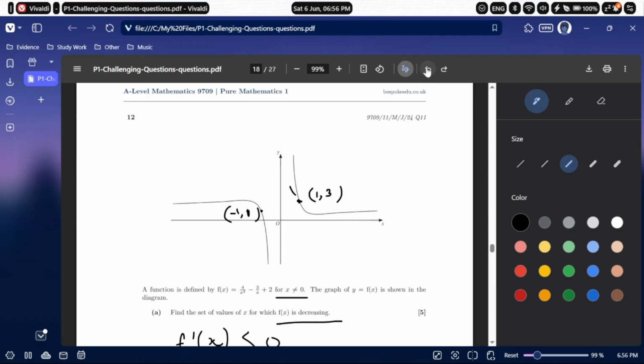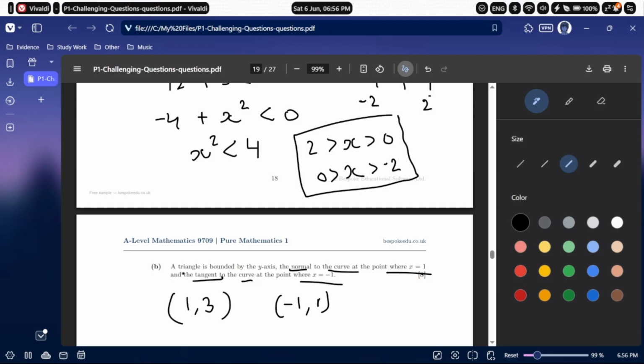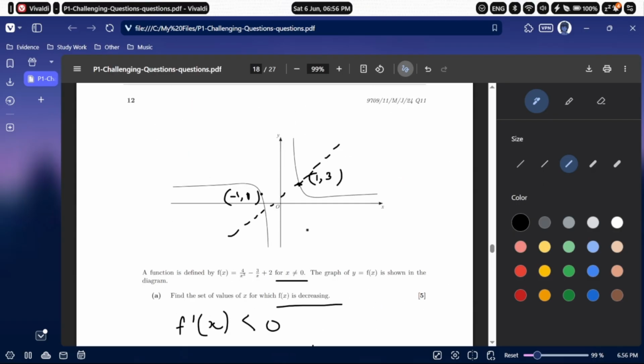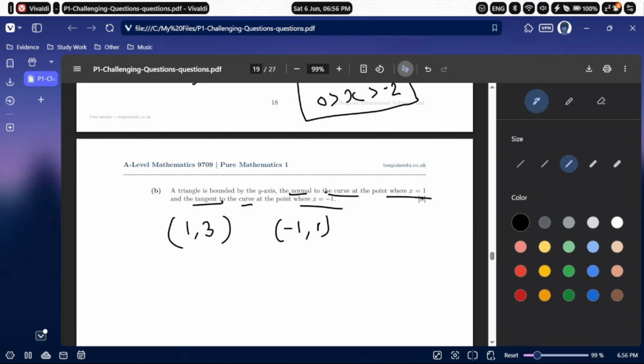So your normal would go something like this, right? Then you have to look at the tangent where x is minus 1. So make a rough tangent over here, and it's bounded by these two lines, and the third line is your y-axis.